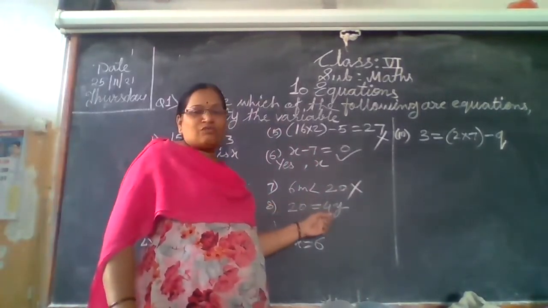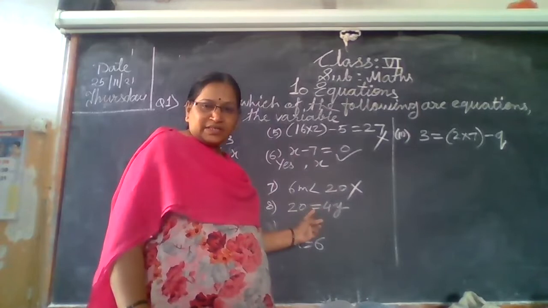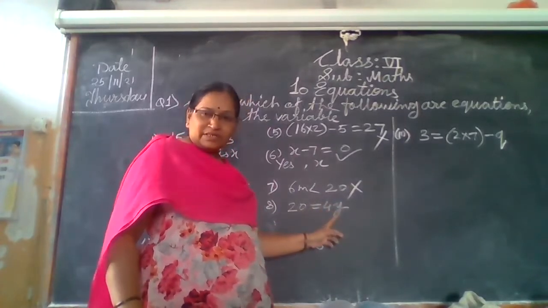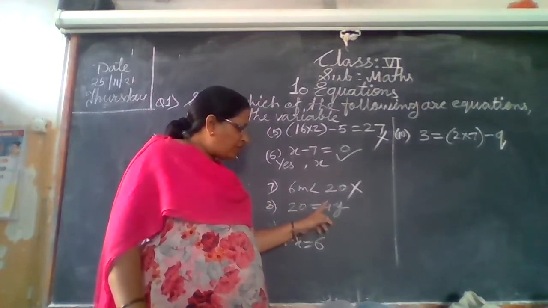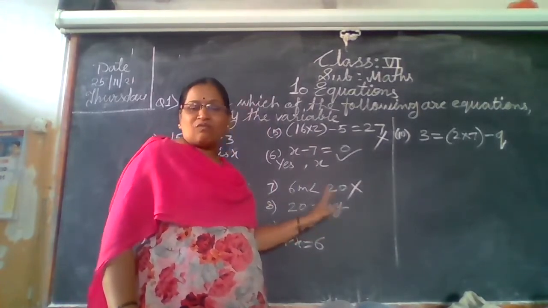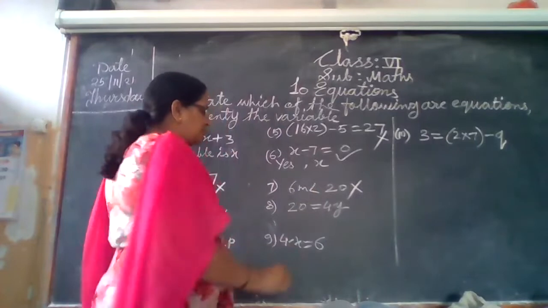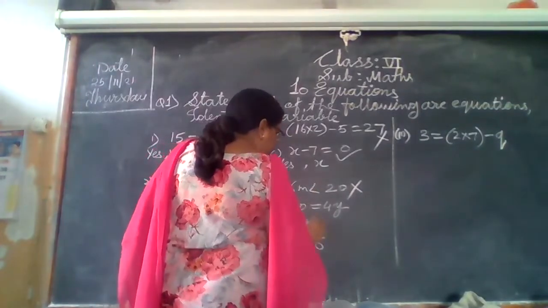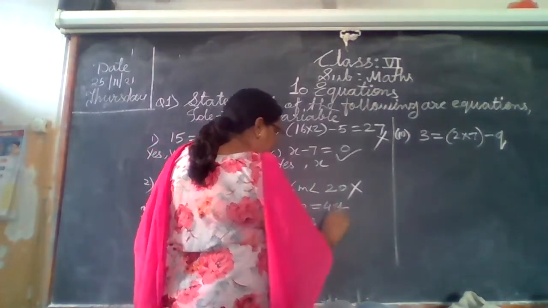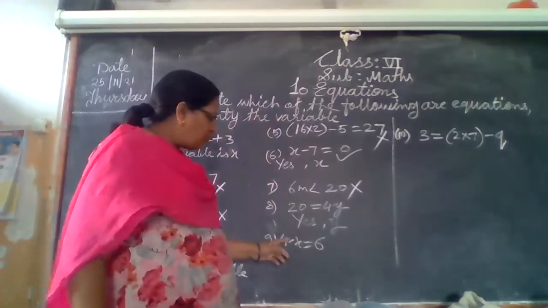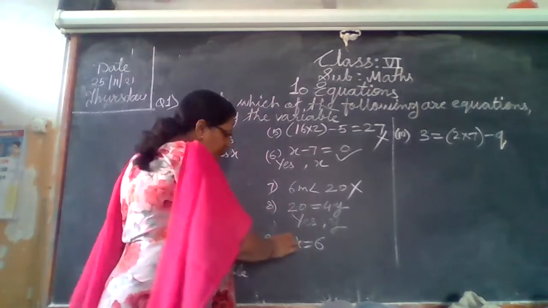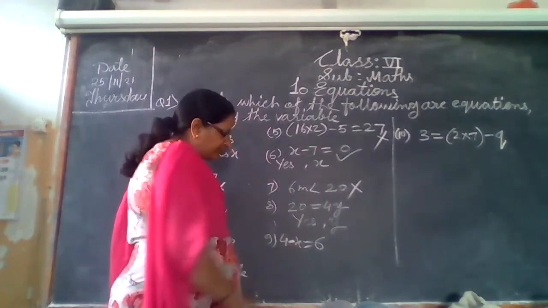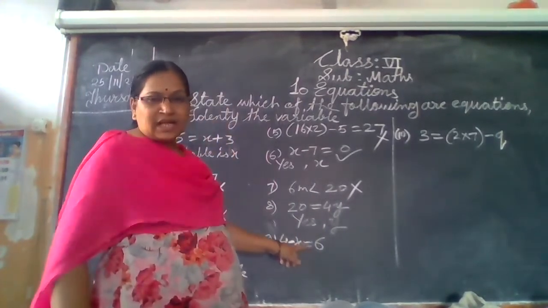20 equals to 4y. Equality is there, variable is there, and one fundamental operation, that is 4 multiplied by y. So yes, and the variable is y. 4 minus x equals to 6. The fundamental operation minus, variable x and equality.